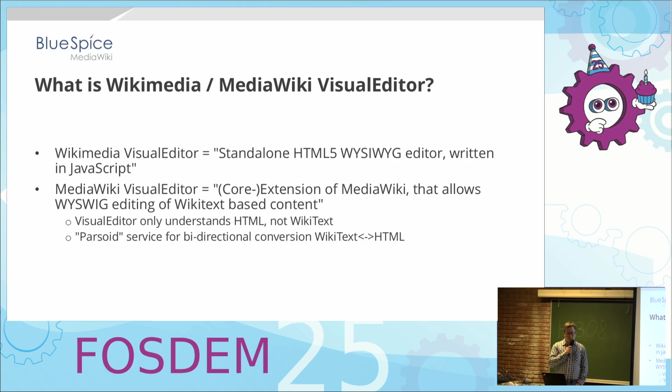And it basically builds upon the standalone version of Visual Editor, and as Visual Editor standalone edition can only edit HTML, there needs to be some code that transfers wiki text from plain text wiki text into HTML, and vice versa, so we can properly store it in a wiki page again.